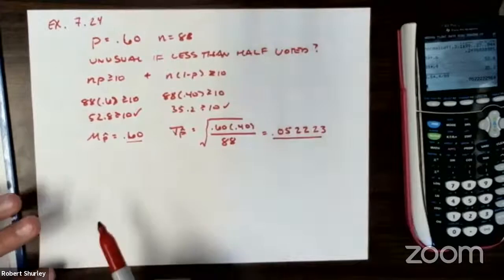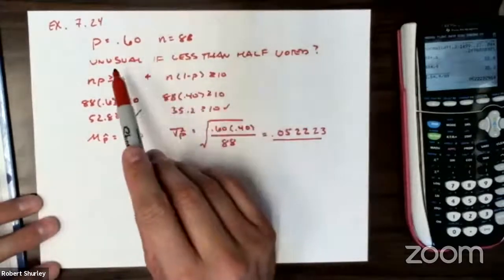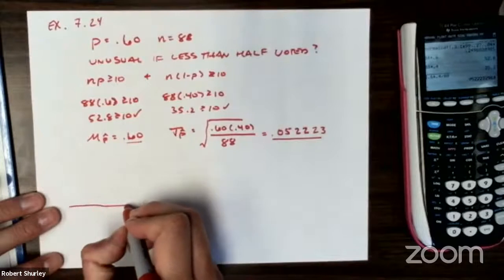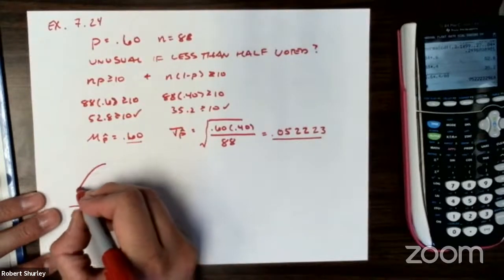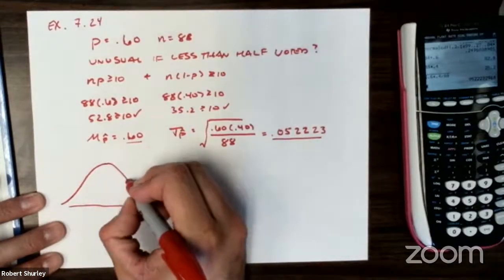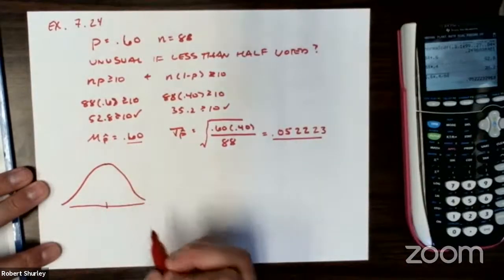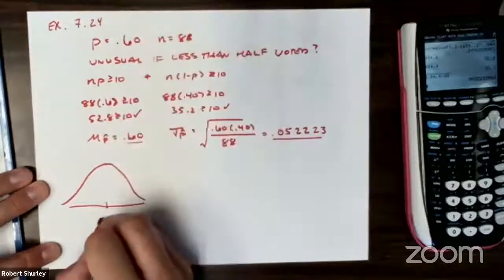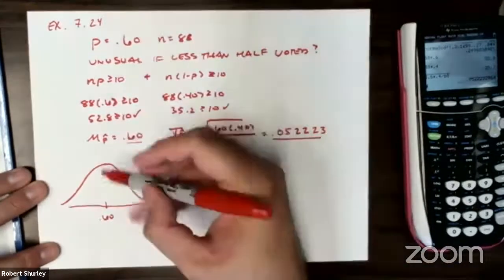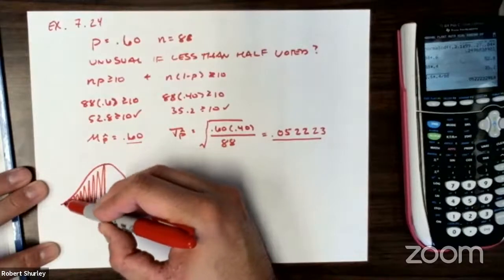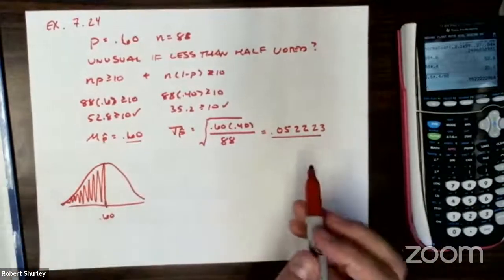And I really now need to see, what is it asking me? Is it unusual if less than half voted? So let's see. If I want to do my distribution, my midpoint here, my mean, is going to be 0.6, right? And I want to know what's the area to the left of that. Wait. Hold on.